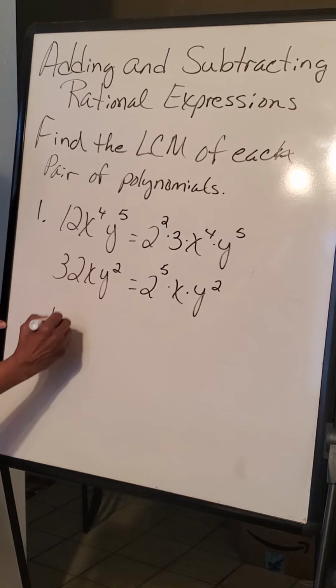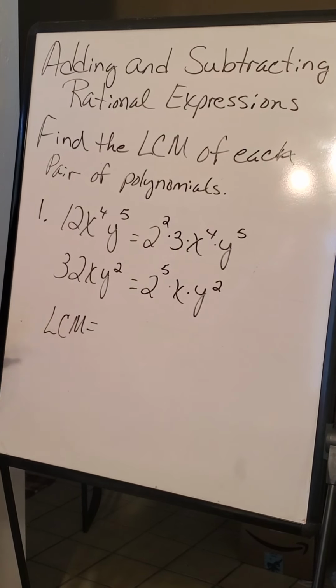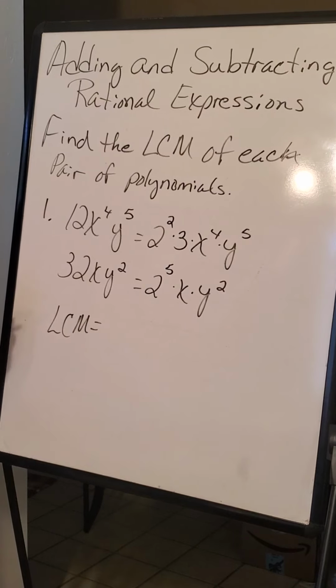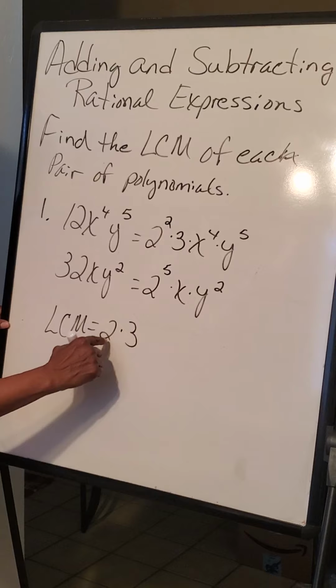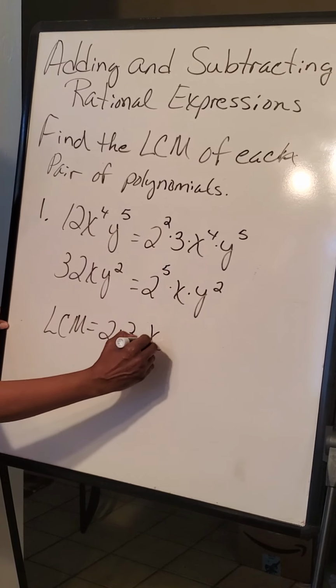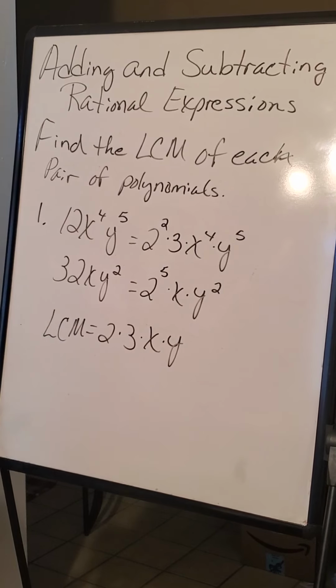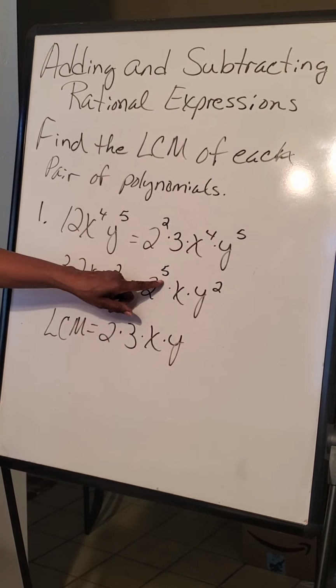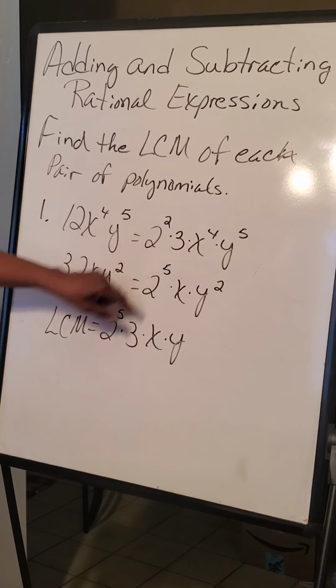Now to find my LCM, I'm going to write down all of my different prime factors that I have one time, and we're going to treat the variables as though they're prime factors. So I see a 2, I see a 3, I see an x, and I see a y. And then I'll select the greatest exponent for each. Well, the greatest exponent for 2 is a 5. I only have 3 to the first.